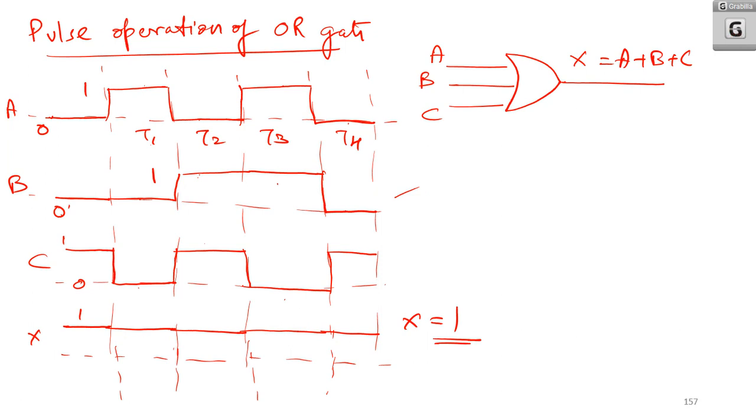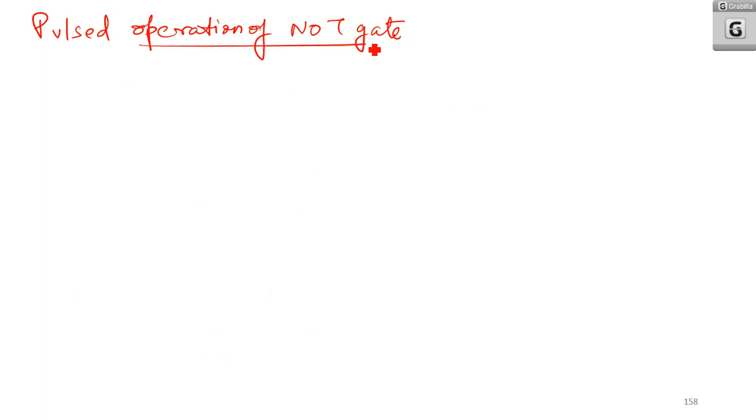Now let me explain the pulsed operation of NOT gate. Okay. So for NOT gate you are having only one input. So A, the output is S equal to A bar.